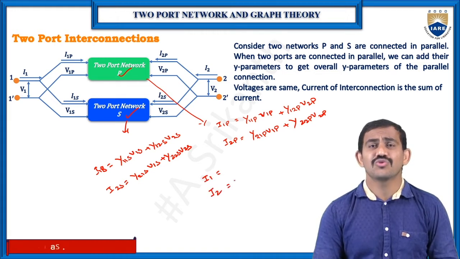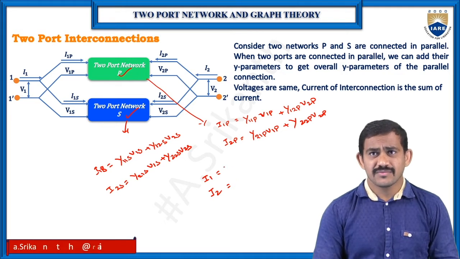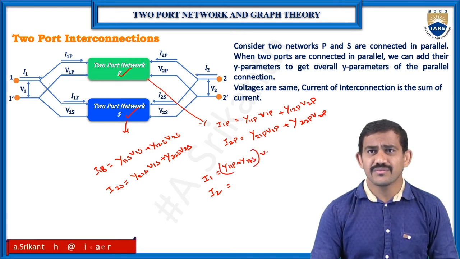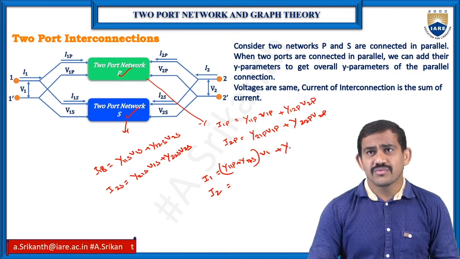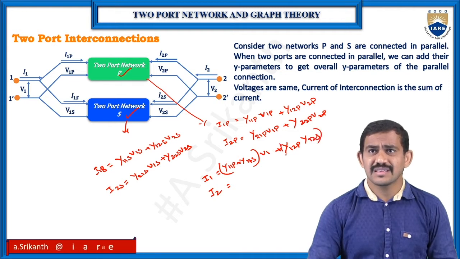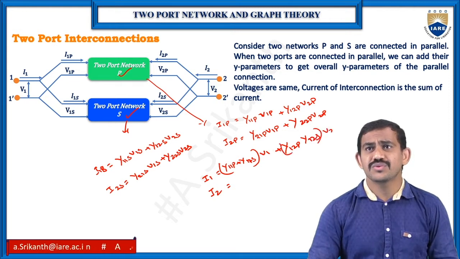Equivalent value when two two-port networks are in parallel. Then I1 equals Y11 of P plus Y11 of S into your V1 value, as well as Y12 of P plus Y12 of S into your V2 value.